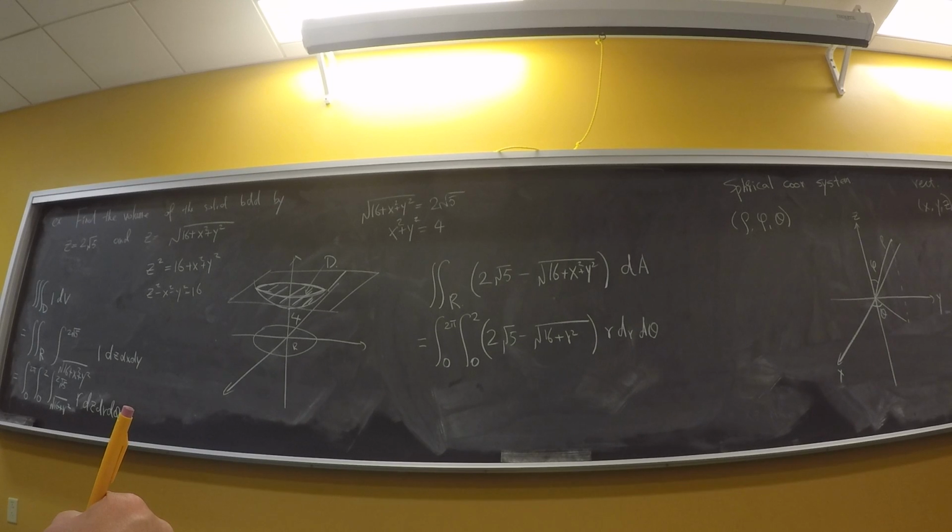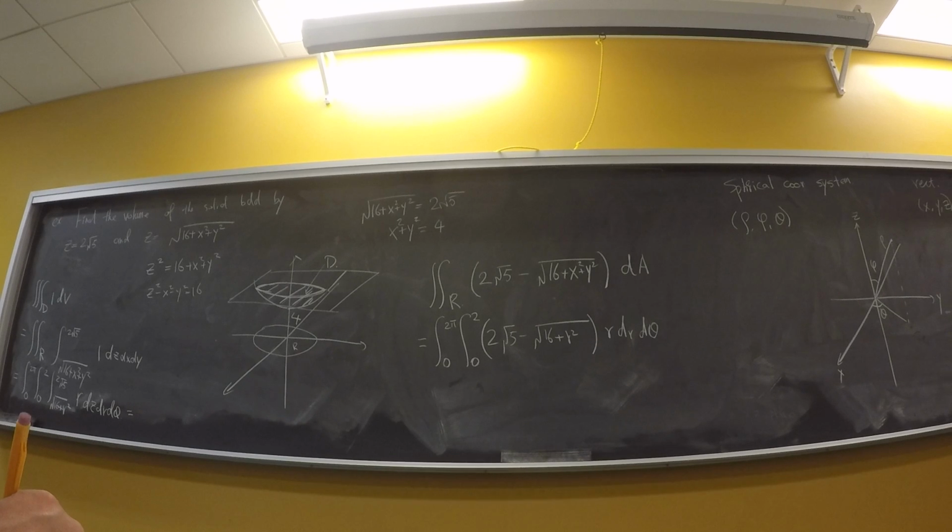Now, if I have these relations, I can translate back and forth. Rho is the distance, and phi is the angle between the positive direction of the z-axis and the ray, and I can project this ray back onto the xy plane, and I have the angle between the projection and the positive direction of the x-axis. So this is the angle theta.